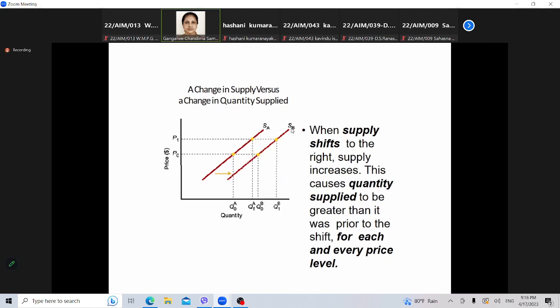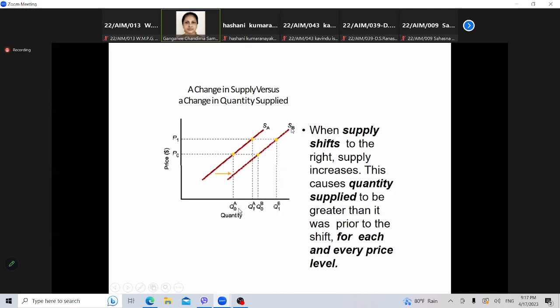Here also, at price P1 on supply SA, the quantity supplied is Q1A. When the supply curve shifted to the right at the same price, the supply increased up to Q1B. Then you can understand the price is increased from P0 to P1.